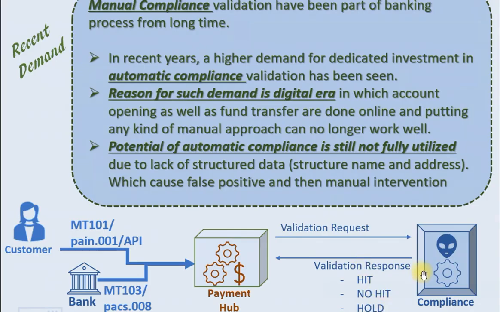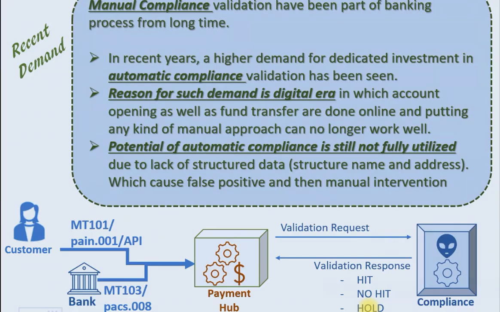Hit typically means that the parties in the chain have some problem and the transaction needs to be stopped. No hit means there is no match found with any of the global data. Hold means some kind of partial match has been found and someone should intervene and see manually whether it is a real hit or not.